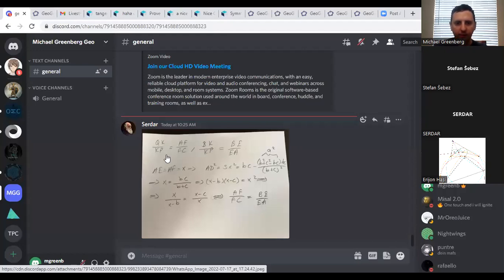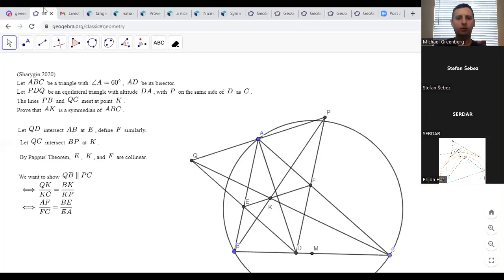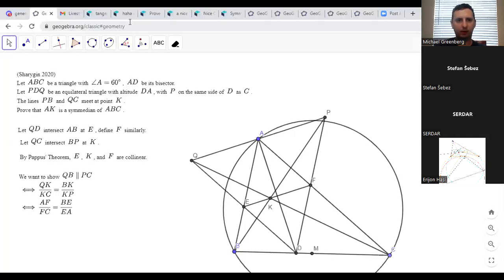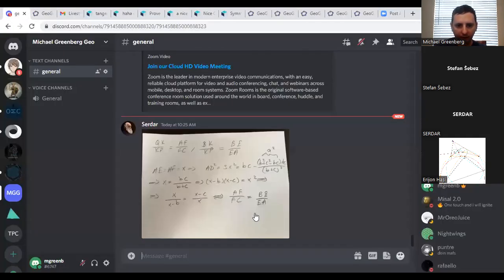Let me take another look at it. If AE equals AF equals X, I'll just write out the methodology, because this might just be a calculation. So FC and BE, let me see how you got that.